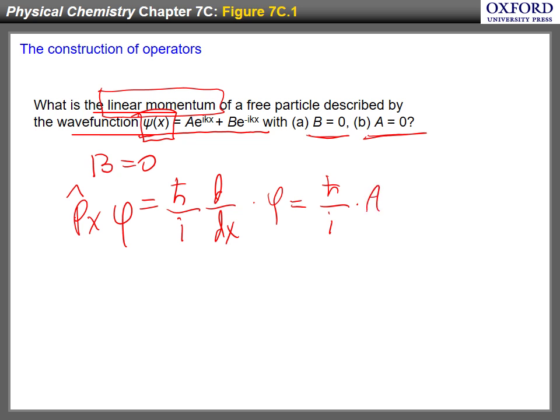Now this part right here is 0, so it's d e to the ikx divided by dx, right? No mystery there.